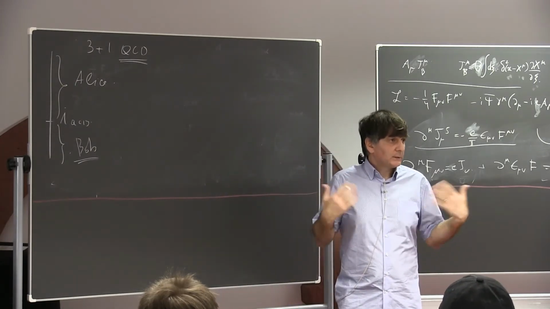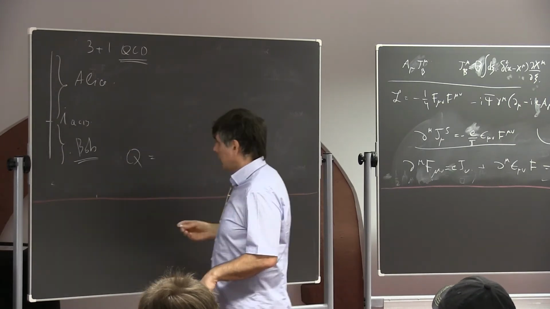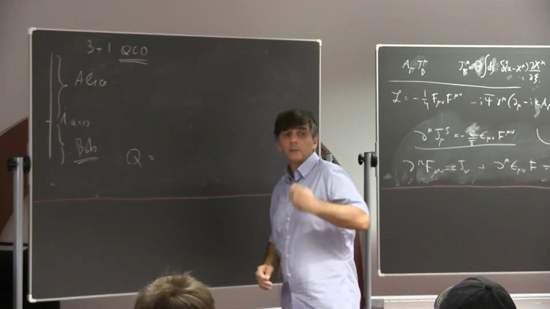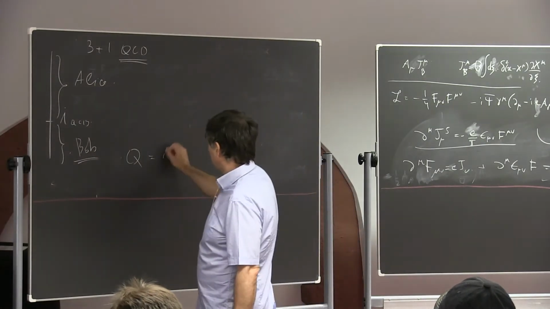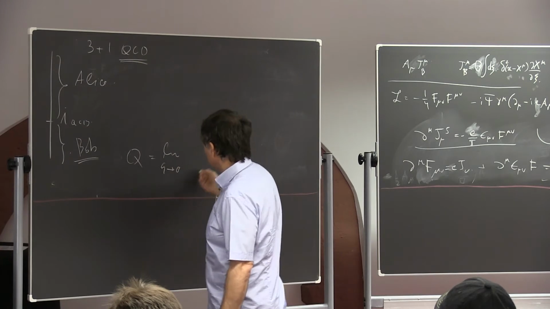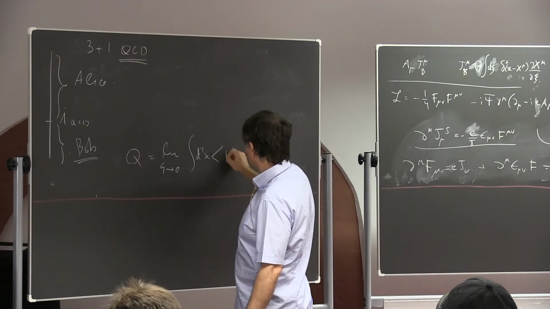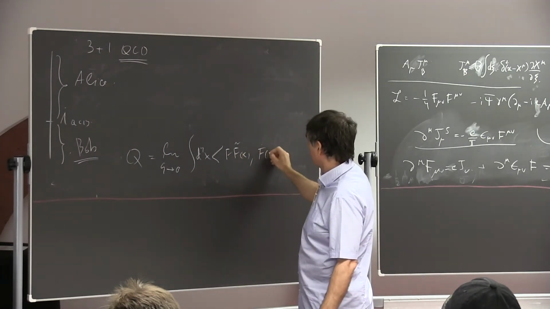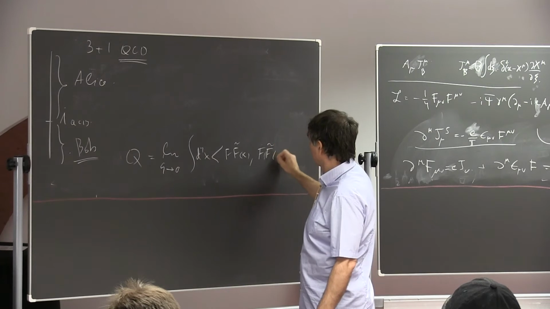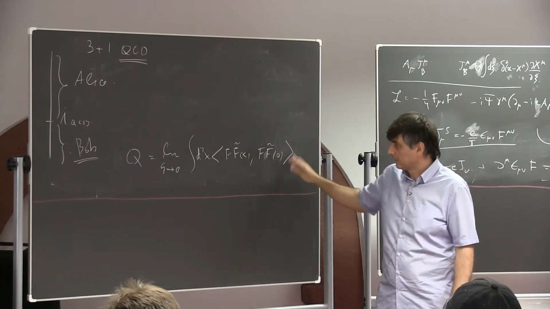Now, this is a correlator. Sometimes people call it Q. This correlator we define as a long distance limit, or Q going to 0 limit, of a correlator, which I will explain, who is who.